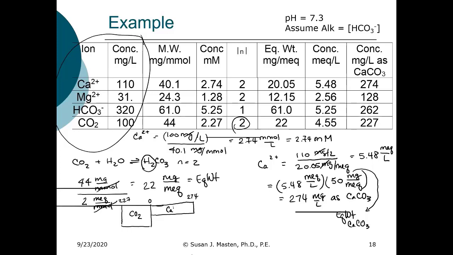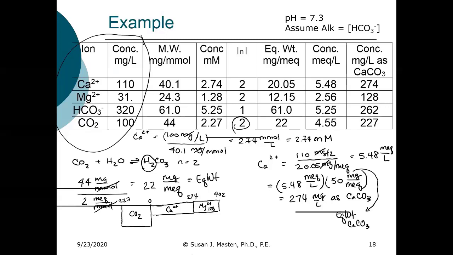So this is calcium. And then magnesium is here. And if we add the 128 plus the 274, this is 402. Okay? So all I've done is I've added, this represents the 128.